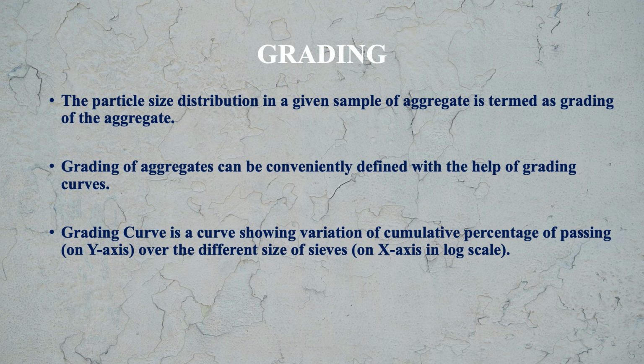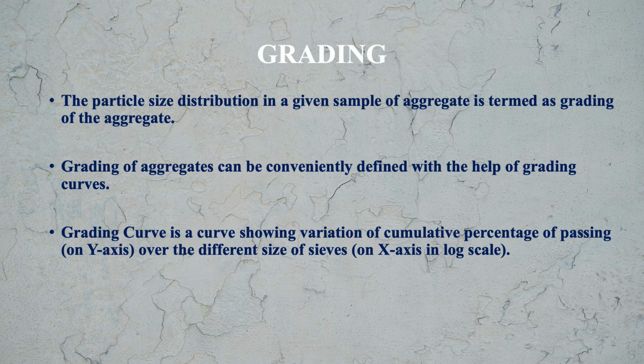The grading of aggregate can be conveniently defined with the help of a grading curve. The grading curve is a curve showing the variation of cumulative percentage passing on the y-axis, and on the x-axis you will be taking the different sizes of the sieves.